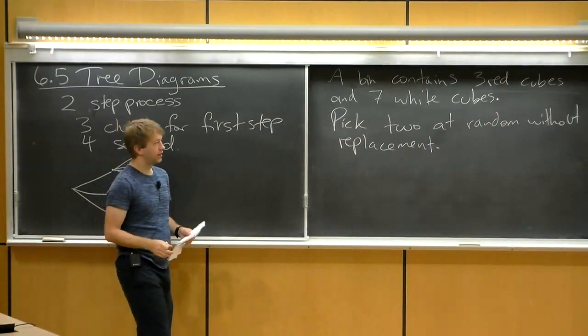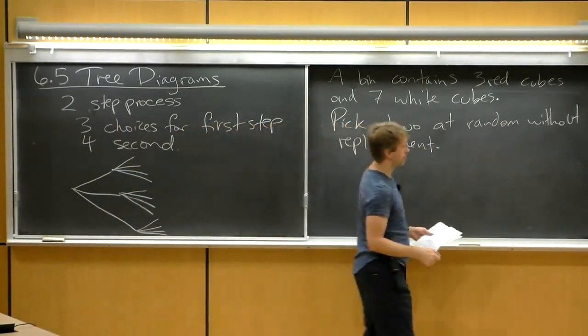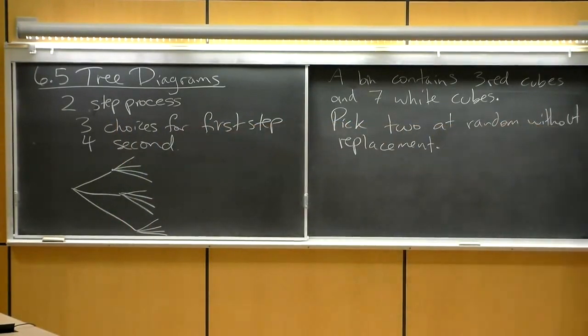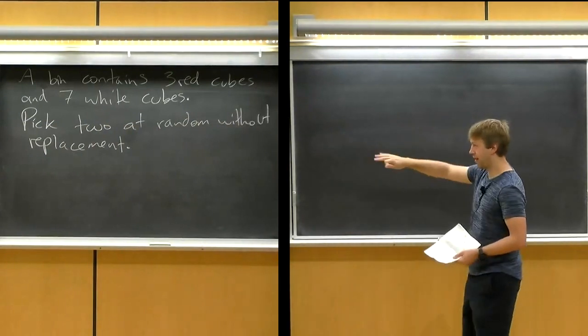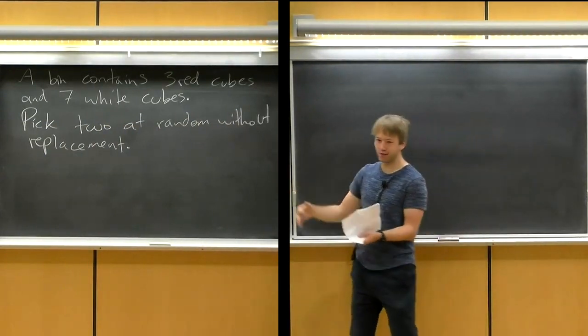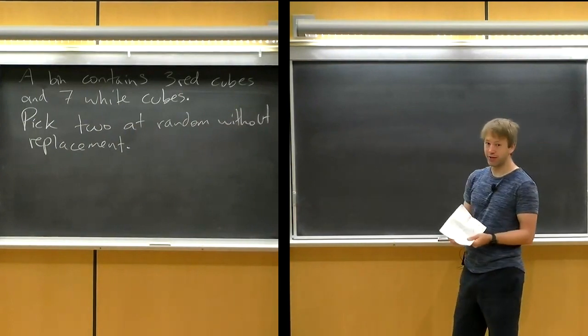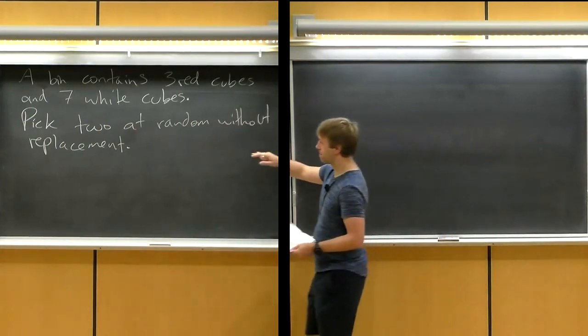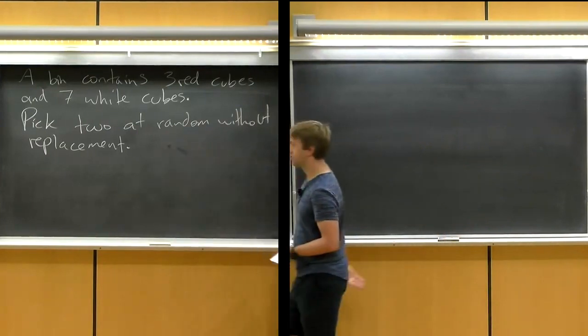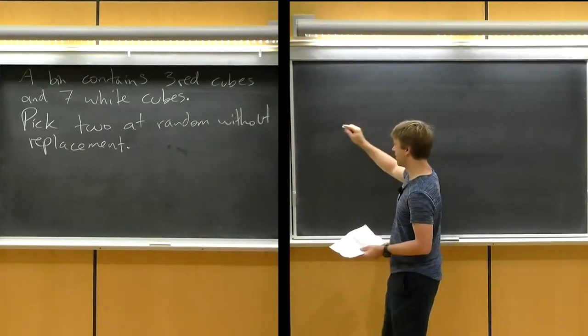And so what I'm going to do is draw a tree. There's no question here yet, but we'll answer various questions in a minute. But I want to draw a tree diagram to represent this process or this experiment.